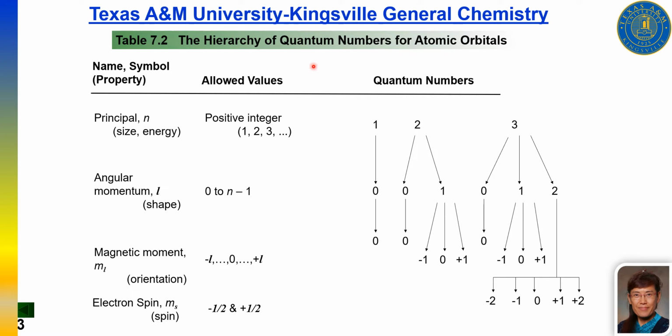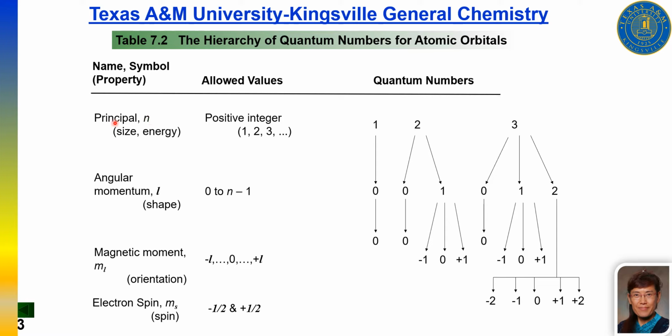Let's recall how we determine the different quantum numbers, what the significance of those quantum numbers is, and what the allowed values are, and then we will show you some examples. The first quantum number is called the principal quantum number. You use a lowercase n to represent it.